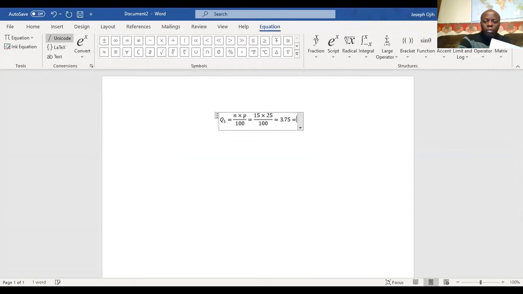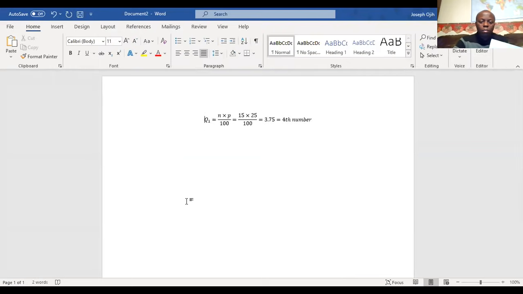which means that the first quartile is the fourth number, okay? So I'm going to take you to our main workbook and put the answer in.